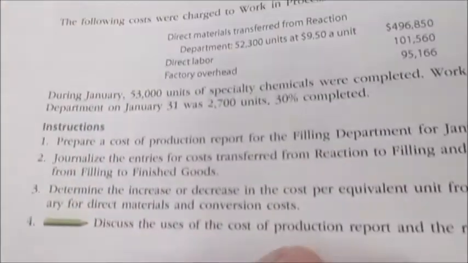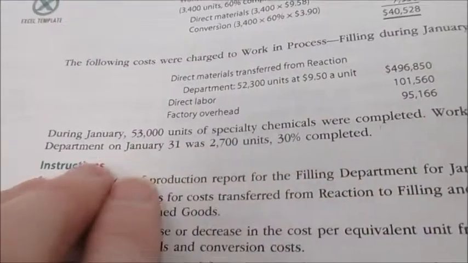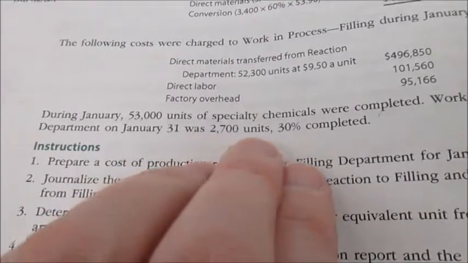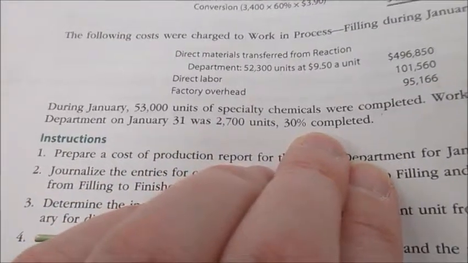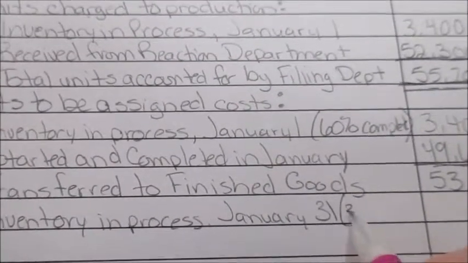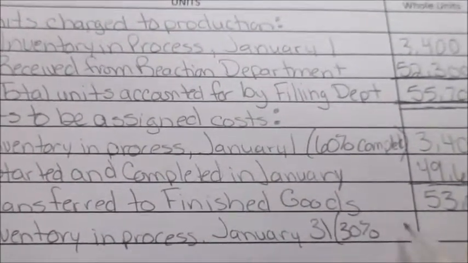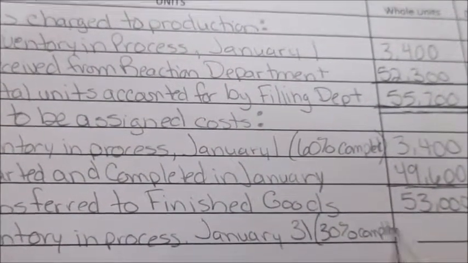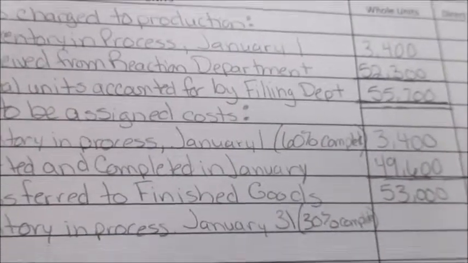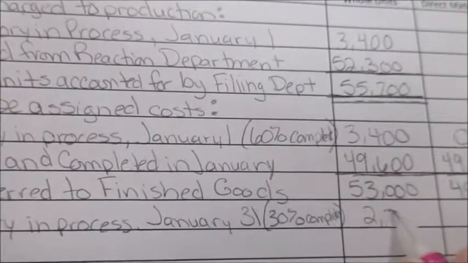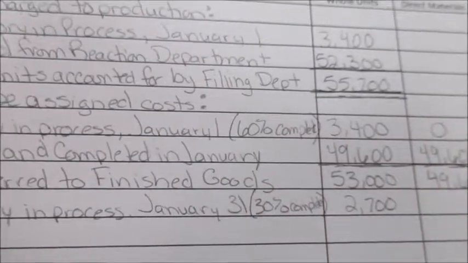If we look in our textbook, it tells us that on January 31st, there were 2,700 units, 30% complete. Okay, 2,700 units, 30% complete. So right here in our title, we're going to put in that 30%. And our textbook said 2,700 units, so under our whole number, it's going to be 2,700.